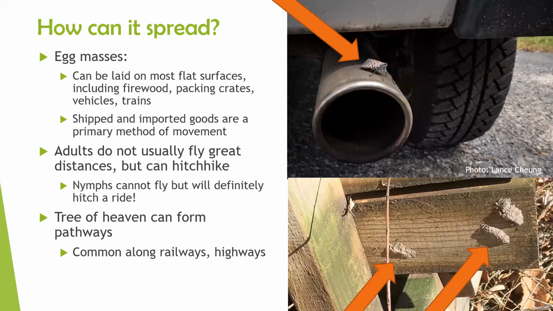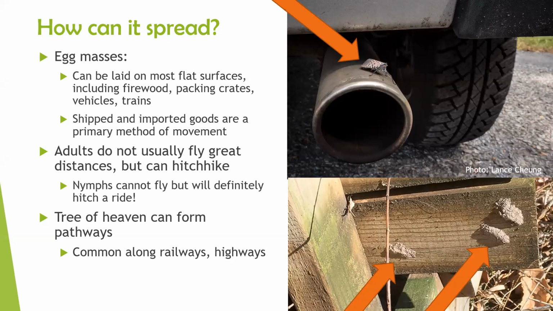Spotted lanternfly can spread basically in two different ways. Either when the egg masses that are laid on pretty much any flat surface are transported from an infested area to an uninfested area, or when the adults or the nymphs hitchhike. So the adults can fly, but they don't fly long distances.